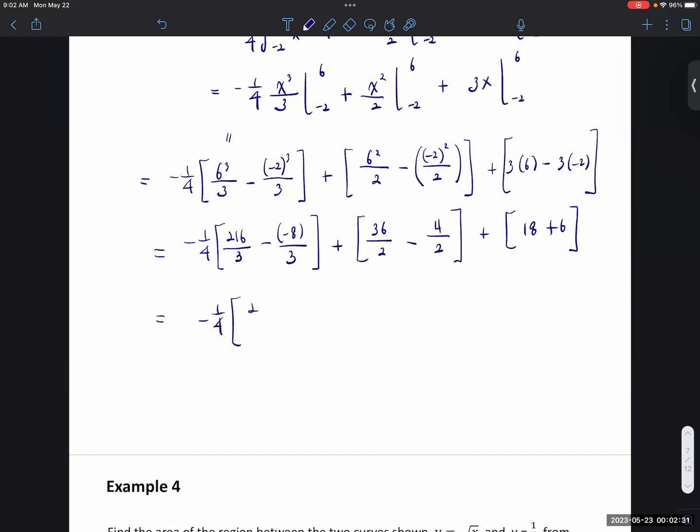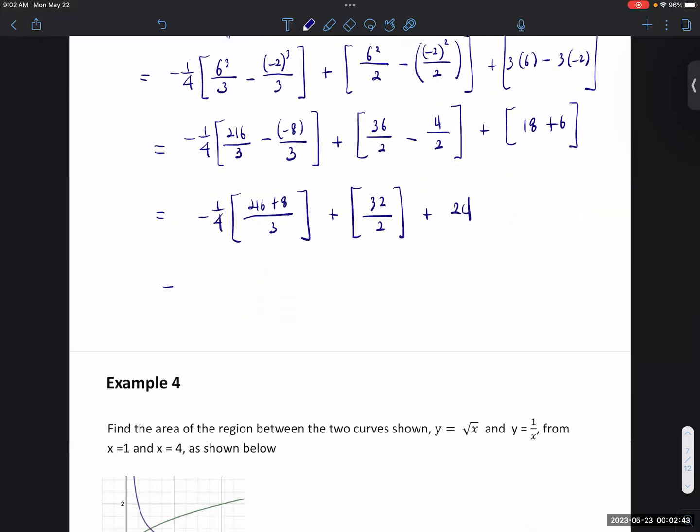So 216 plus 8 over 3. Same common denominator, so 224 over 3. If you keep simplifying, what happened? You're adding negative 1 over 4 times 224 over 3.